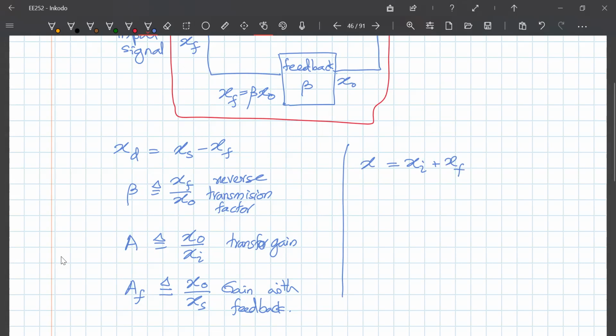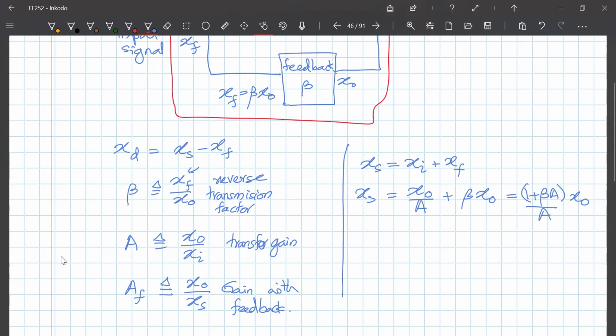So I can write XS is equal to X out divided by A, which is XI, plus XF. XF from this equation I can write as beta times X out. So I have everything written in terms of X out, and taking the same denominator, this is 1 plus beta times A over A, times X out.